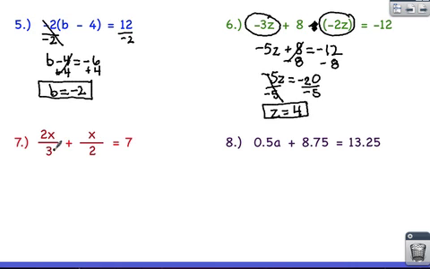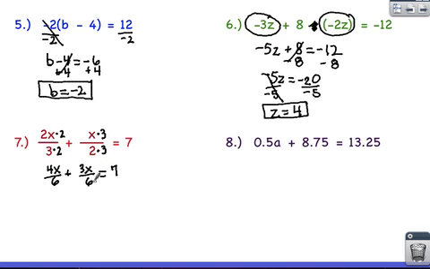So I can multiply by 2, which means I'd have to multiply our numerator by 2 as well. And over here we'd multiply by 3, so I'd multiply the numerator by 3 as well. 2x times 2 is 4x over 6, plus x times 3, or 3x over 6, which equals 7.